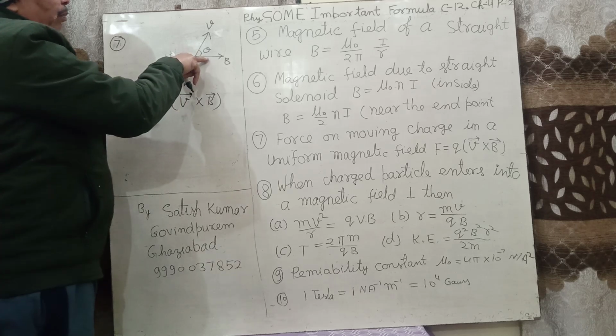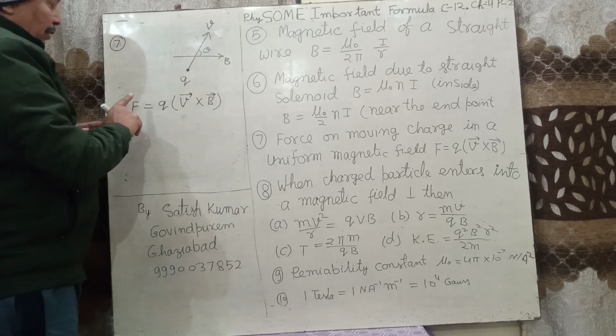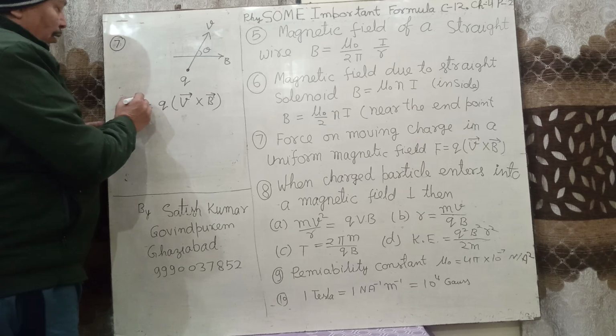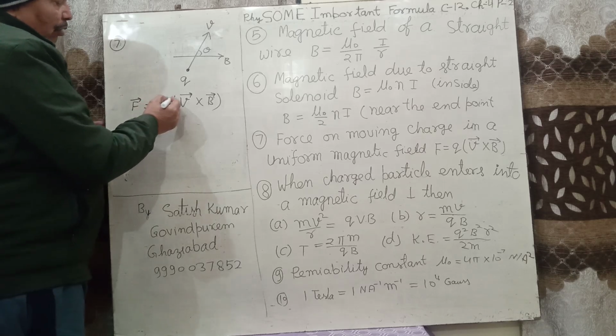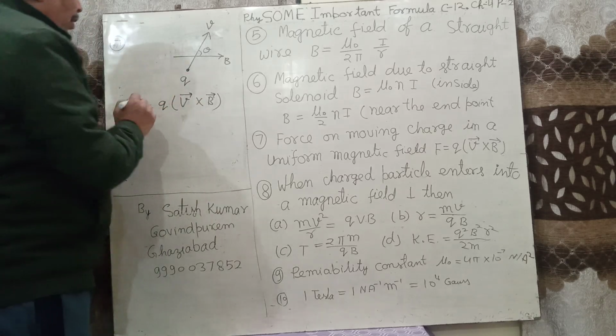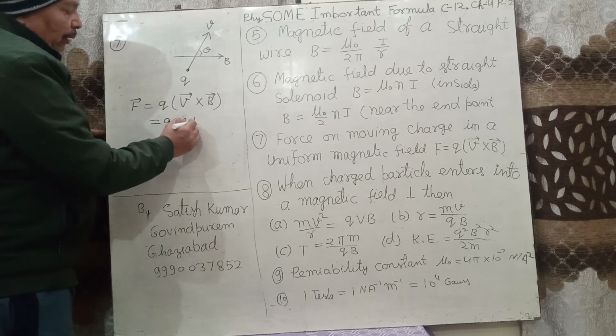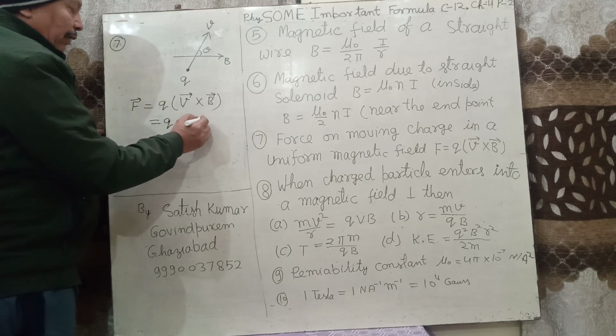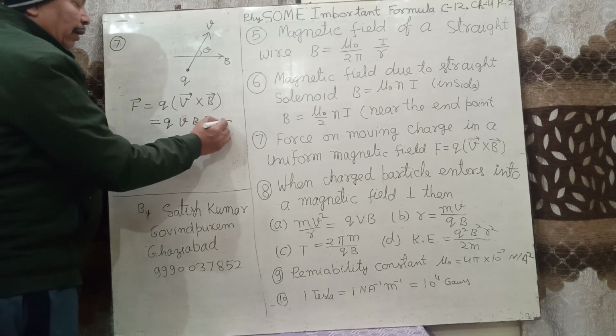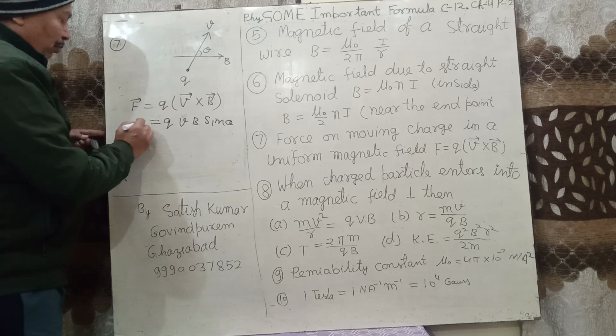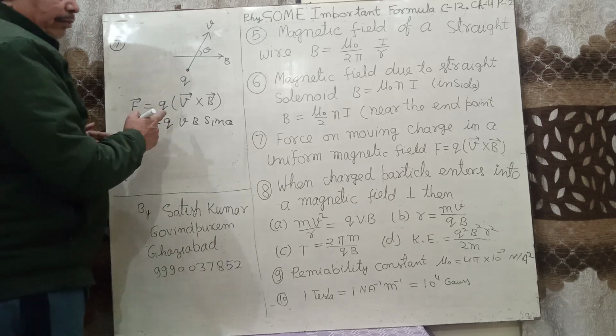The angle between B and V is theta. Then force F equals Q vector V cross B, or Q V B sin theta, which is the magnitude of the force.